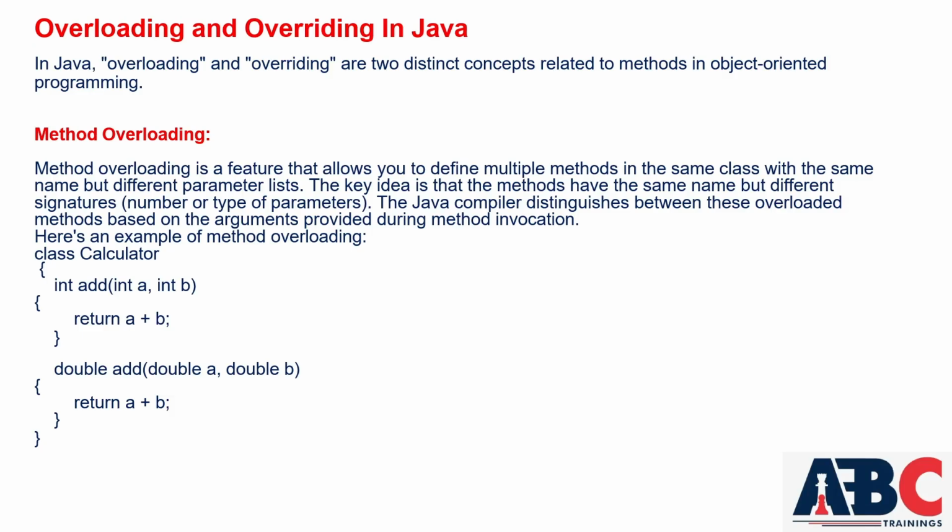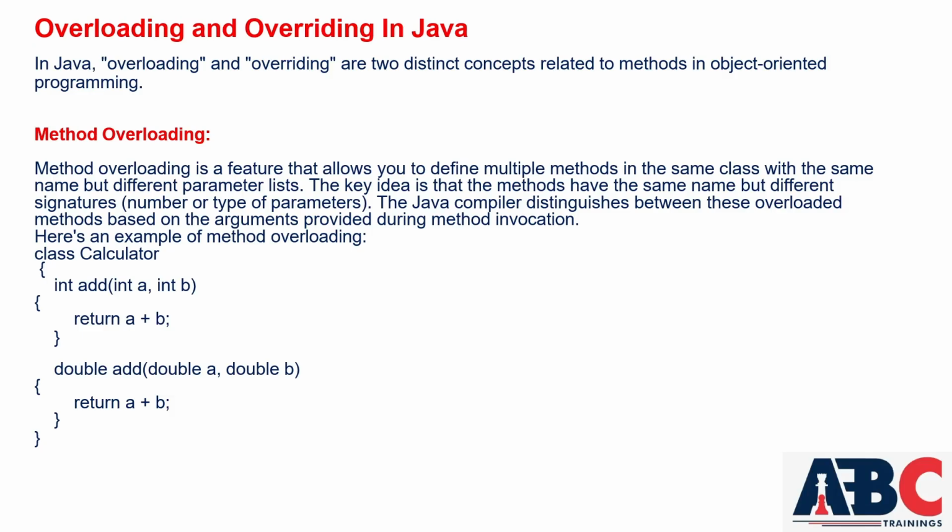So we create an add function with the same name. We create two add functions, but we pass different parameters. This uses the function signature concept, where we pass different parameters.